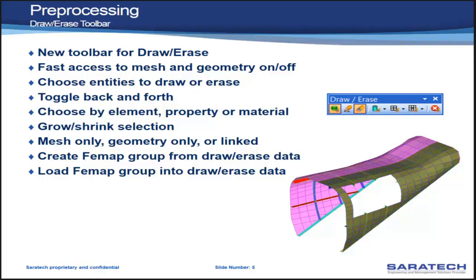You can go ahead and toggle back and forth between the things that you have drawn and erased, and grow the area or shrink the area, and even later on go ahead and create groups in order to access these later. Let's go ahead and take a look at this in an example model.